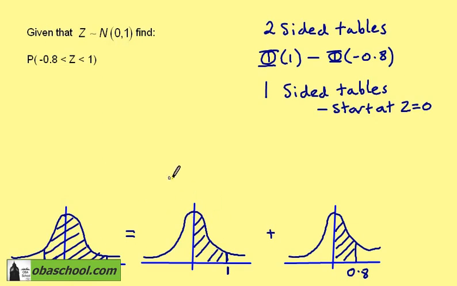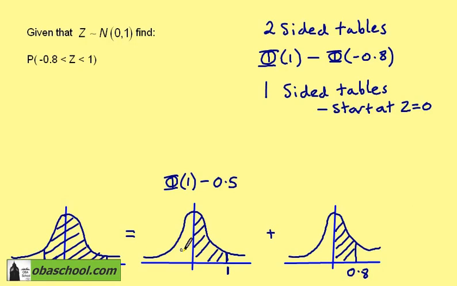This area here is going to be phi of 1 take away 0.5. Remember, phi of 1 gives us the area all the way from 1 down to minus infinity.